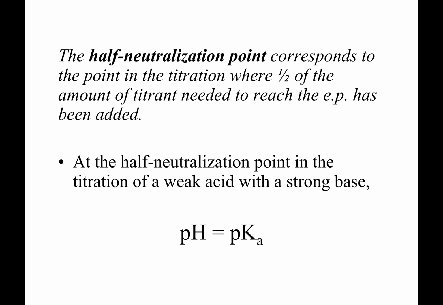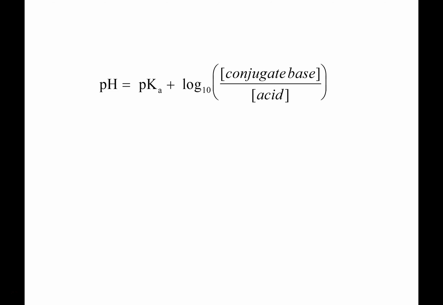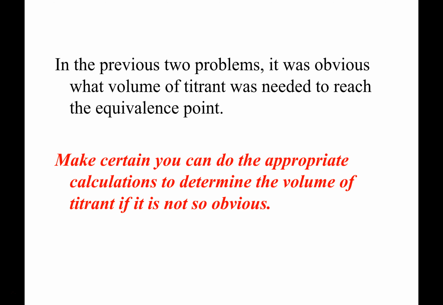So that becomes 0, and at that sweet place, the pH is going to be equal to the pKa. It's a nice little buffered solution that you've created. So at the half neutralization point, the pH is equal to the pKa.